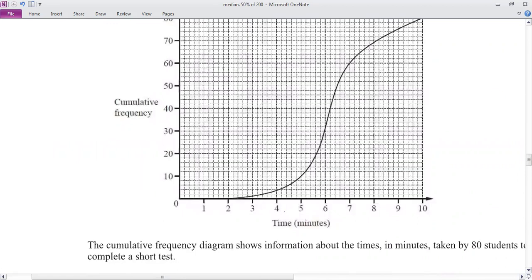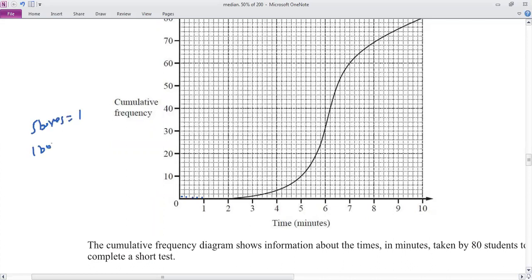Another cumulative frequency curve is there. Whenever there is a graph, the very first thing you should know is what each box is, like how many boxes are making one. 1, 2, 3, 4, 5. 5 boxes are making 1.